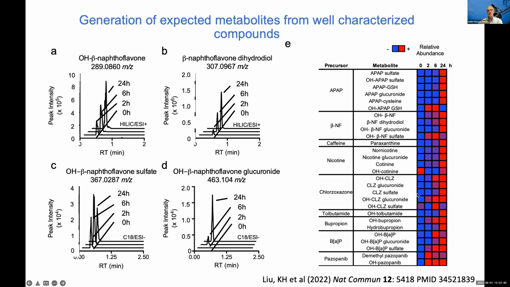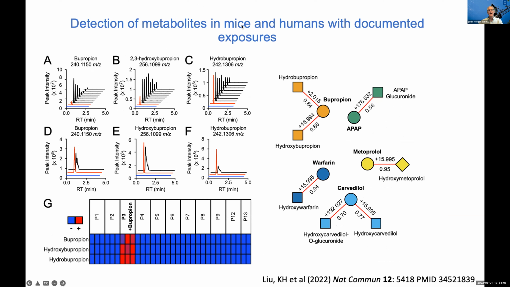So then using that kind of data, we did what I said we were going to do, which is to go into in vivo and see if we can detect these metabolites in both mice and humans. And so up here in panels A, B, and C is essentially the data. Panel A is essentially the data I showed you before for mice injected with bupropion in vivo.